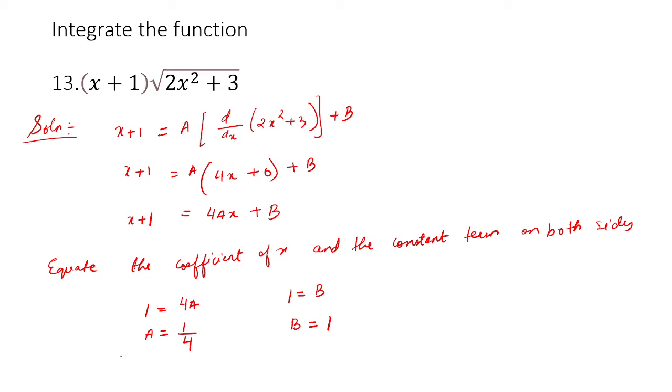Okay, therefore x plus 1, I'll just go to the next page. x plus 1, which is 4a into x plus b, can be written as, what is a? 1 by 4 into x plus b, which is 1. So really we do not have to make any changes.